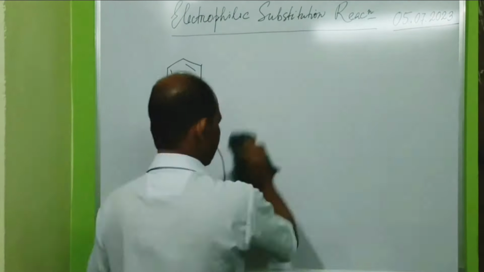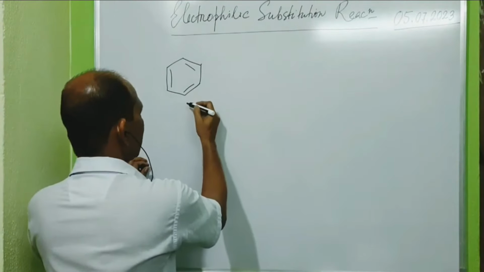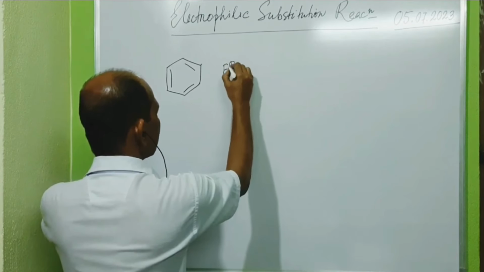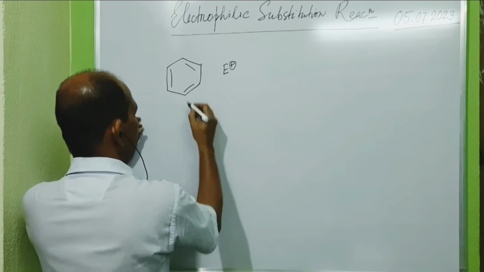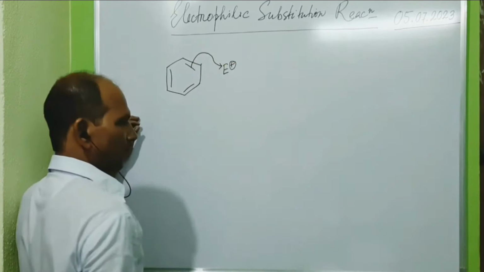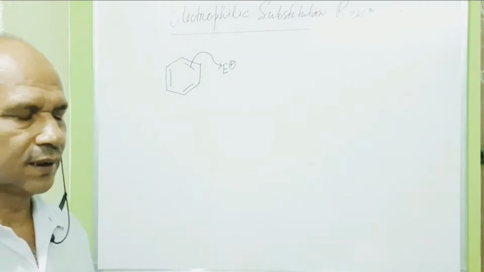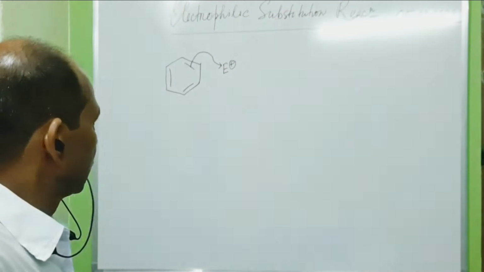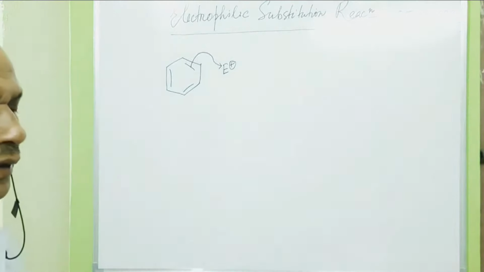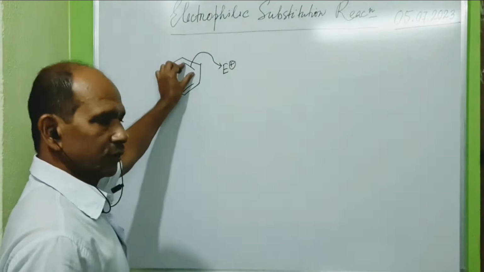So now come to the point. Here is an example of electrophilic substitution reaction taking E plus as the electrophile. This bond will break and attack the electrophile because the electrophile is an electron deficient species which carries a vacant orbital that can accept the electron pair of this pi bond.